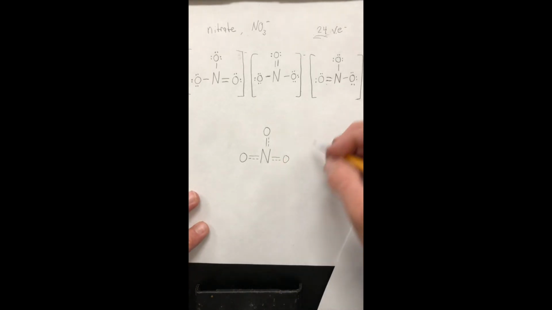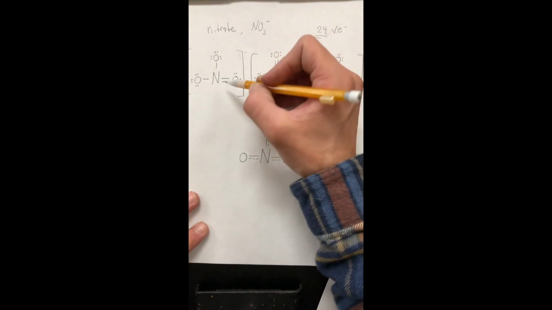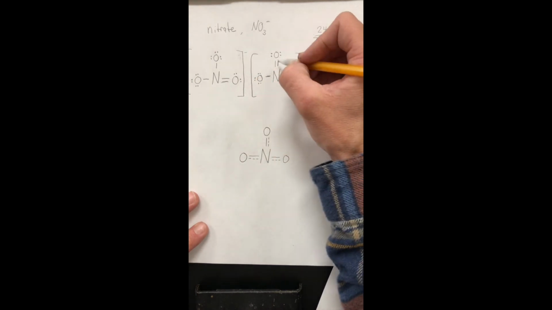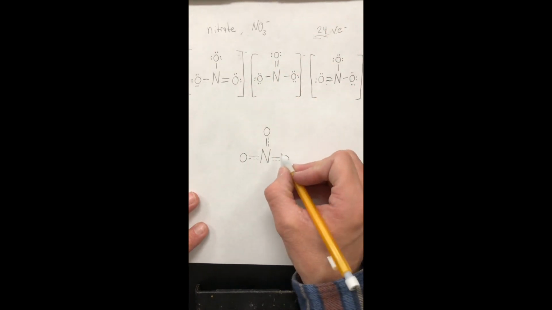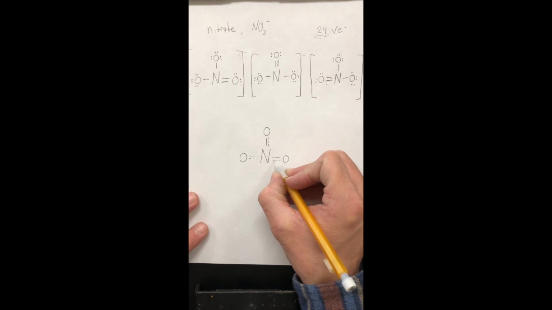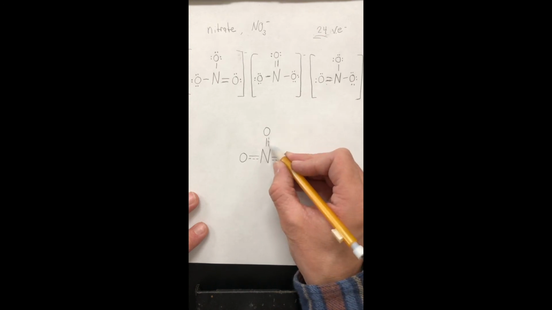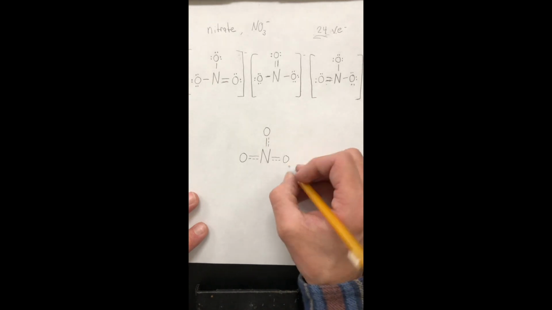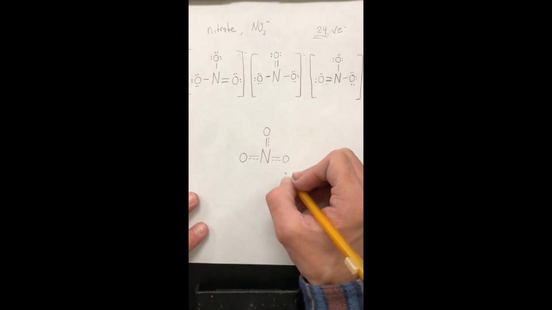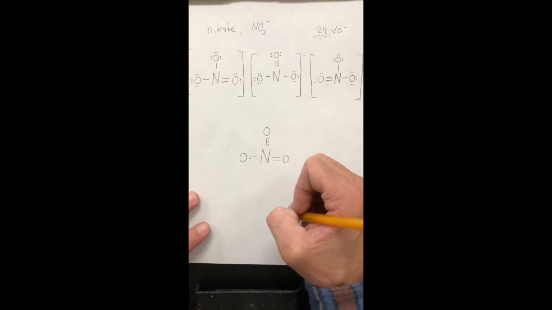So again, if we think about the fact that the double bond can be in more than one place, the way that we represent it is with this second dashed line that's in all of the spots where the double bond could be. Also, you'll notice that I left off the lone pair electrons.